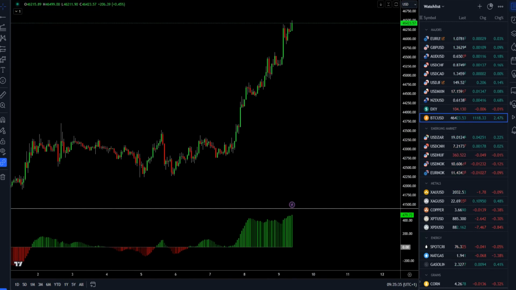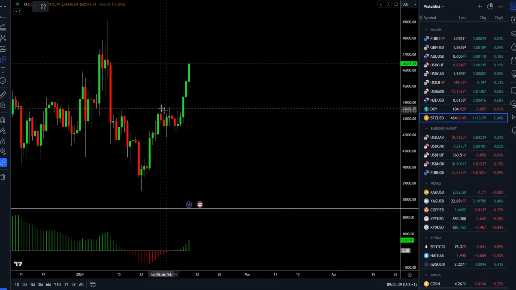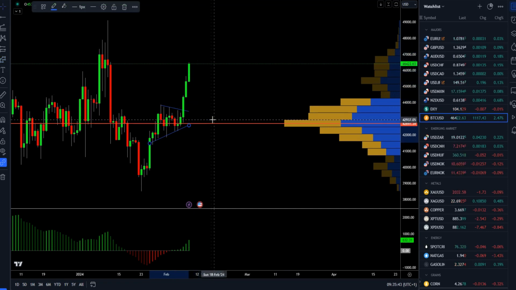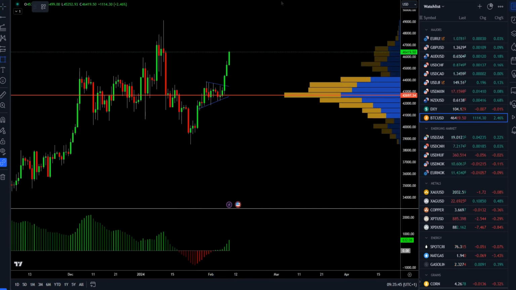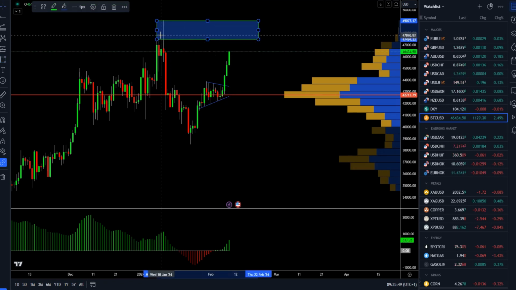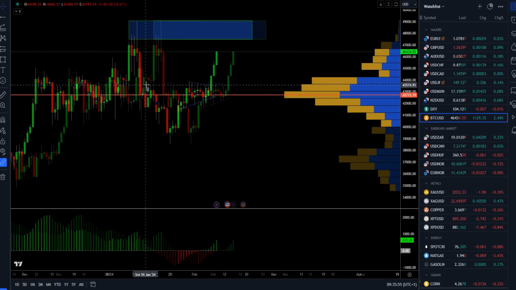And speaking of Bitcoin, we can see that the market is trading higher. We spotted this consolidation, this contraction, which actually led to this rally. And the market is going toward this pin bar territory between the 47,500 and 49,000 mark.